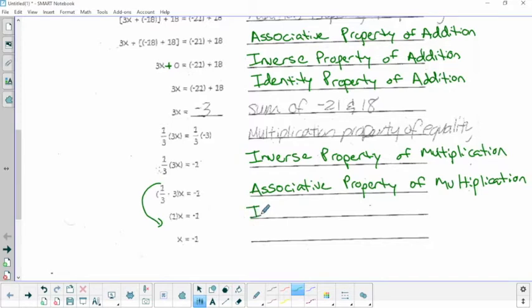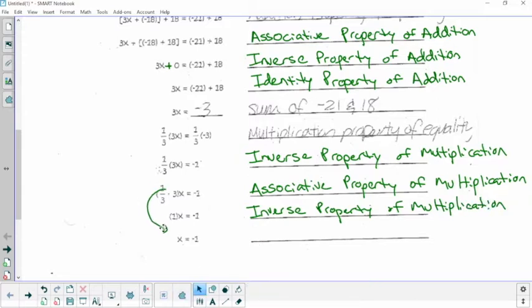That's the inverse property of multiplication. And I can get the final property looking at these two things. 1 times x becomes x, and that is the identity property of multiplication.